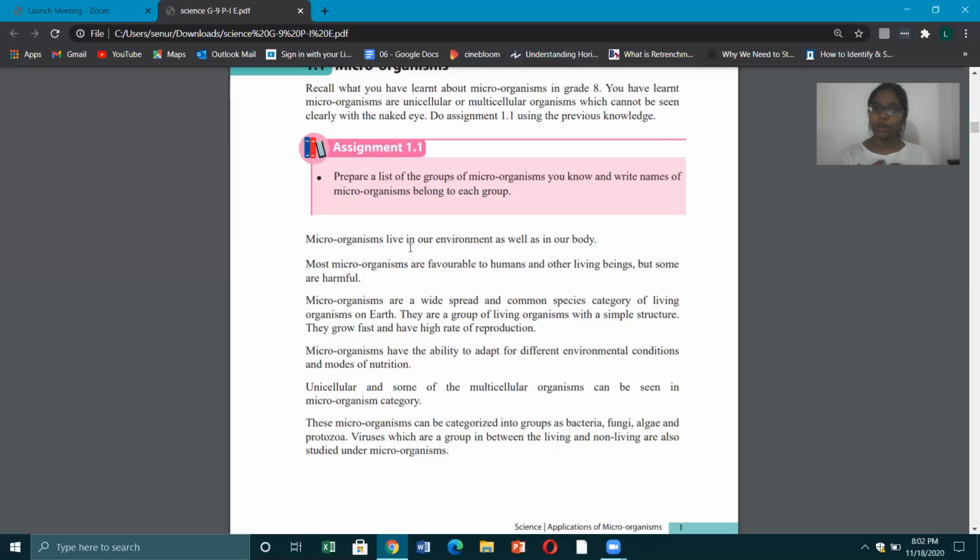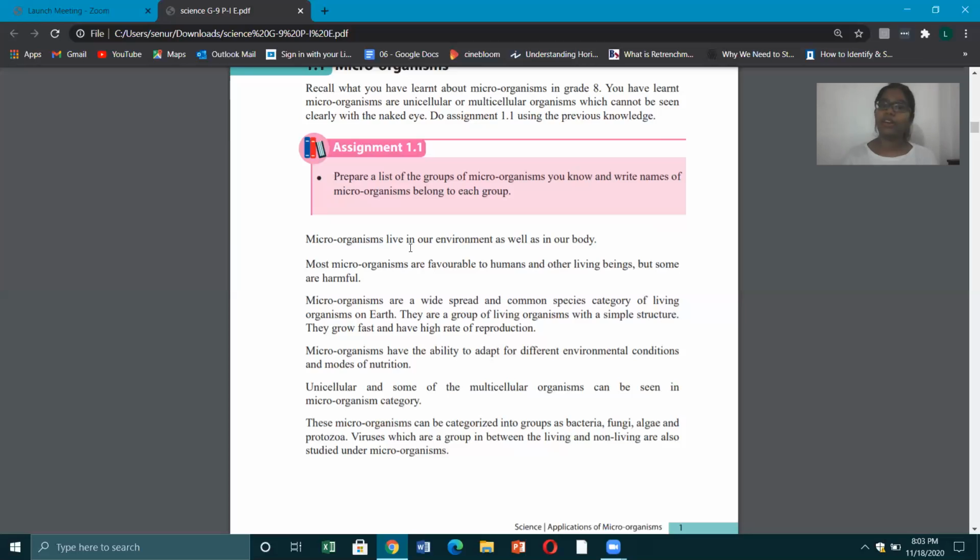But let's take us for an example. We have a very complex structure. Why did I say that? Because we have organs, tissues, systems which are really complicated. We have a very complex and complicated structure, whereas microorganisms have a very simple structure.